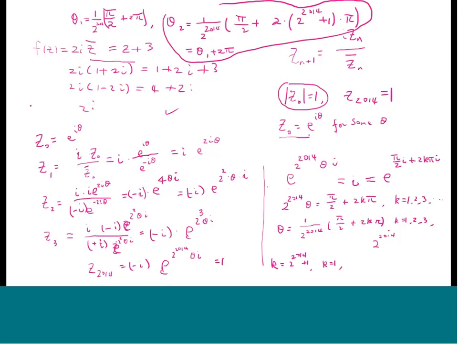You can say from 1 to 2 to 3 till 2 to the 2014, or you can say from 0 to 2 to the 2014 minus 1. Either way is okay. So the answer is 2 to the 2014. It's a very big number.